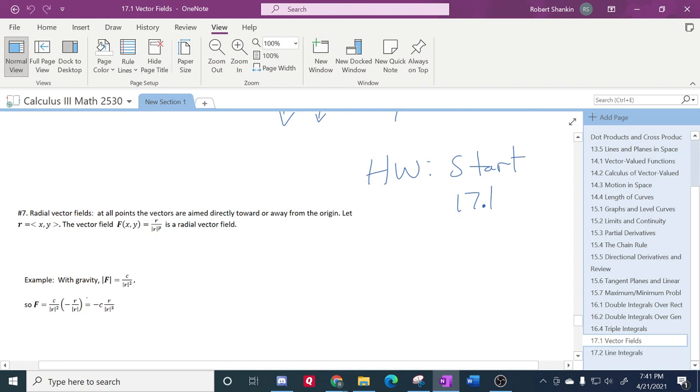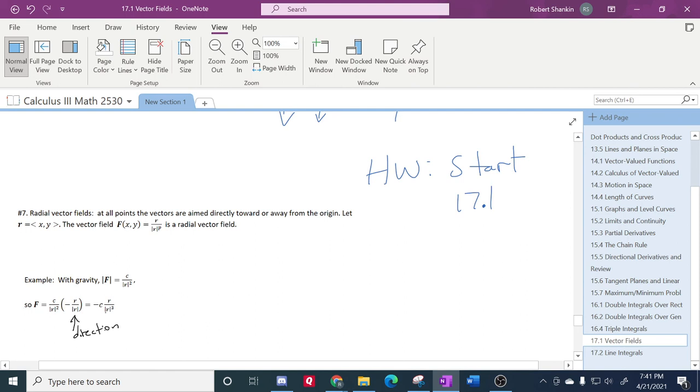All right, so we know that this is the direction of each vector, points back towards the origin. When you make it a unit vector, this is the magnitude of each vector.